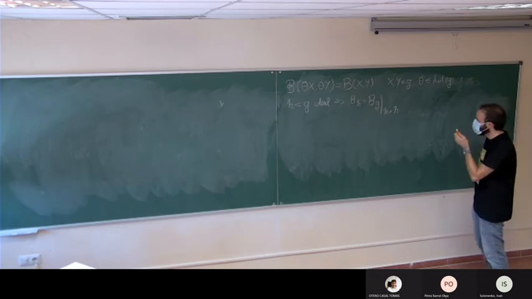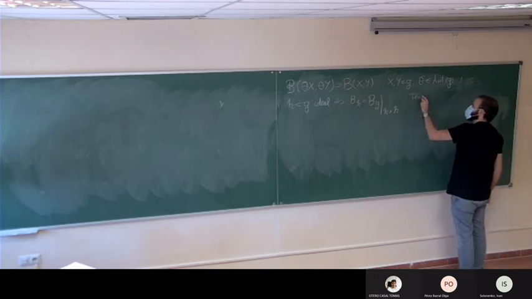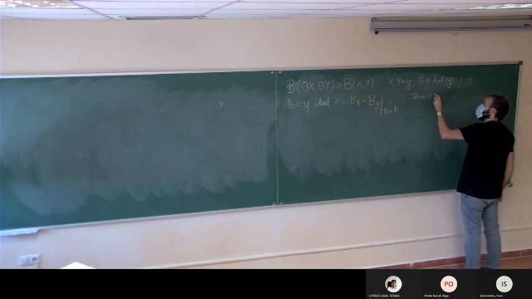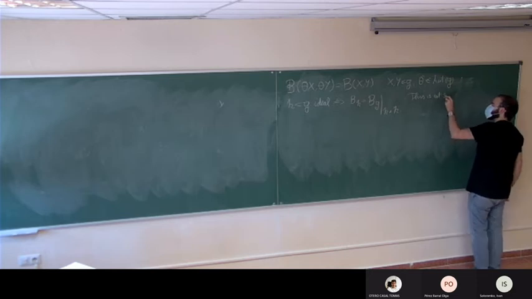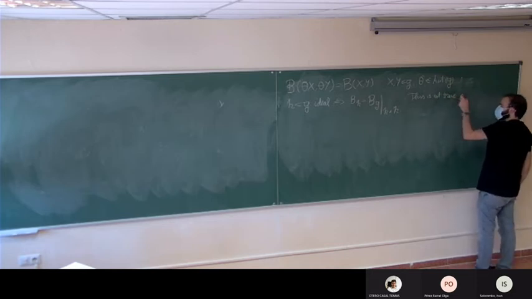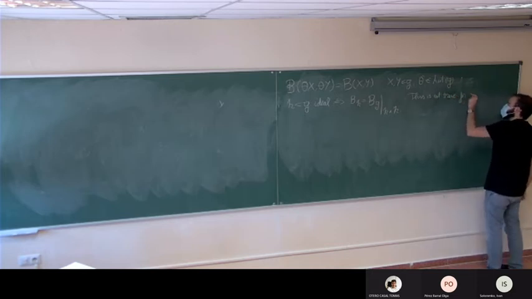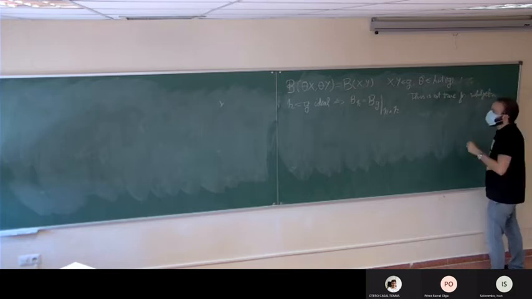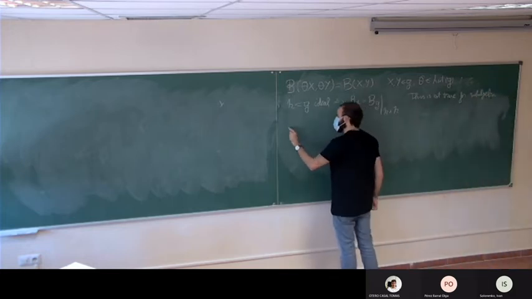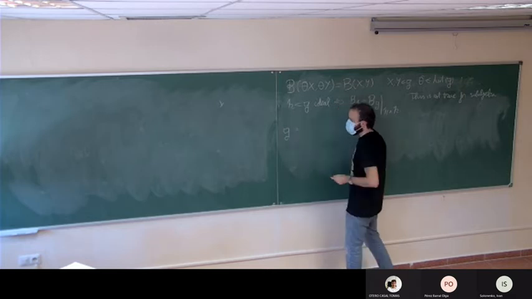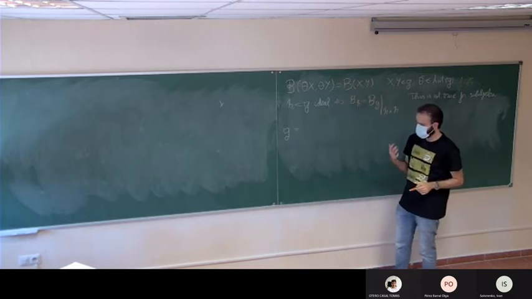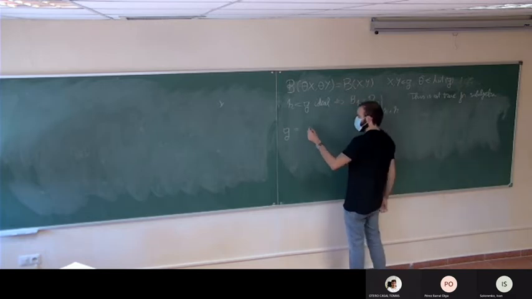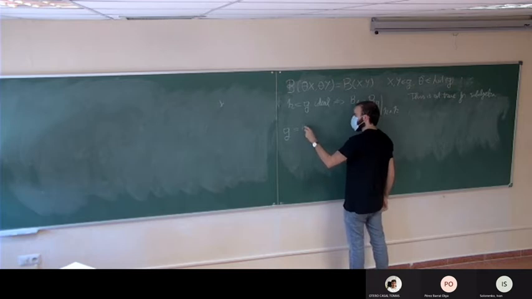Again, this is not true in general, for subalgebras. One example can be seen in G being the algebra of affine transformations of the real line.